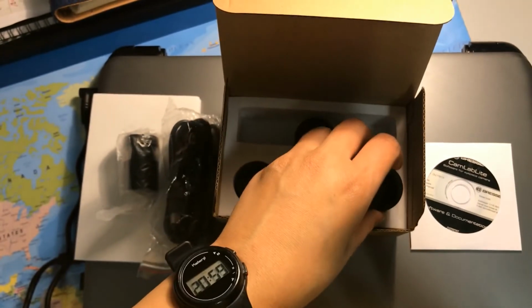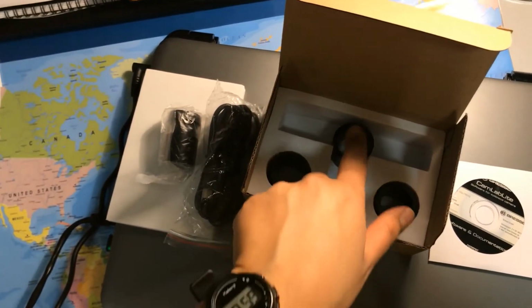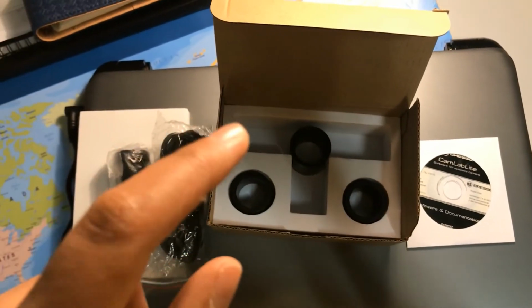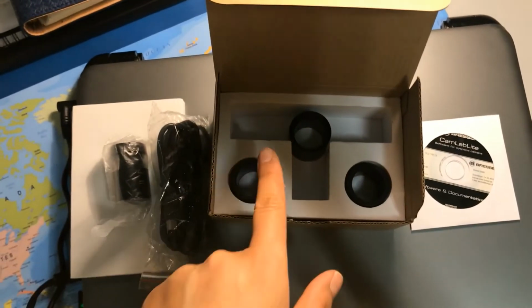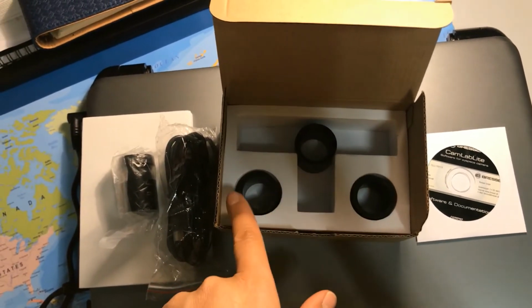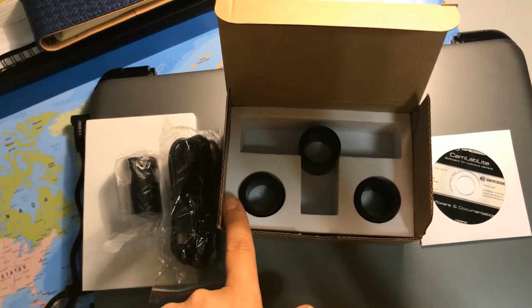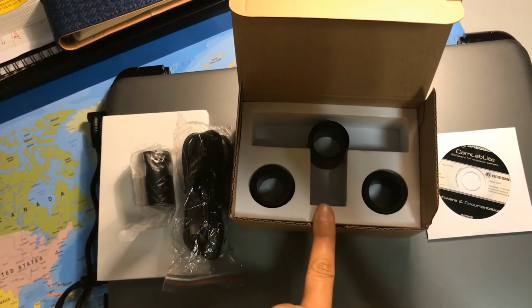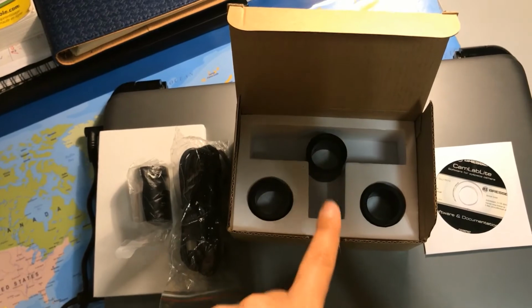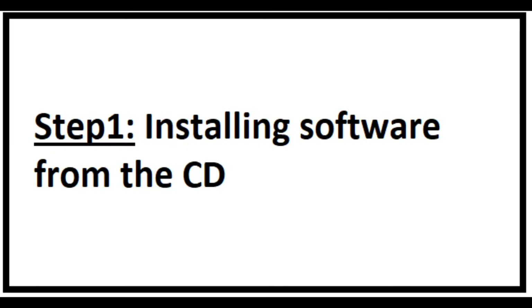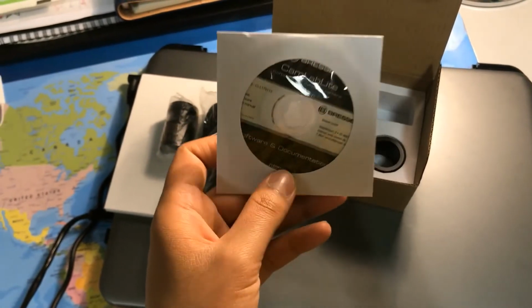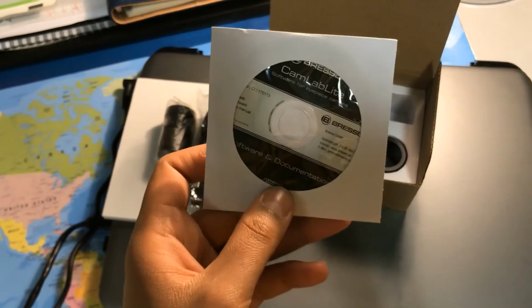Why do we have 3 adapters? Because it depends on your telescope and on the ocular adapter that you have. You should use one of them, so try all 3 and check which one works with your telescope. Now we're going to take this CD and see how to install the software on our PC.